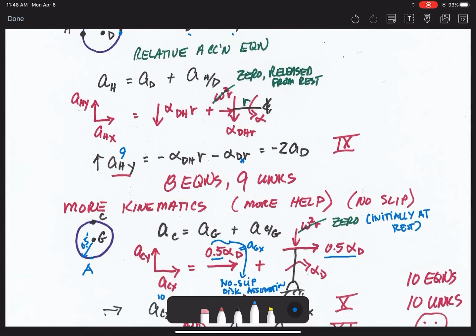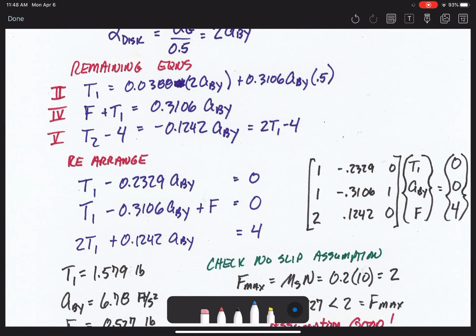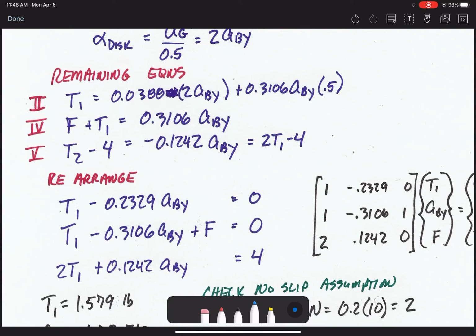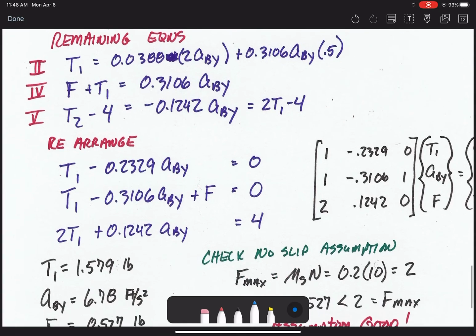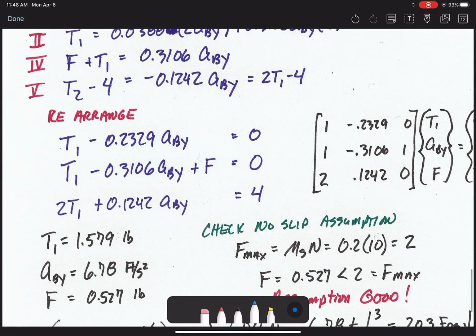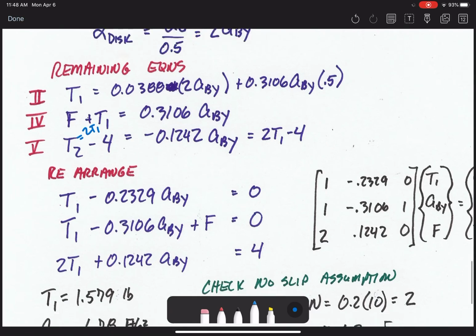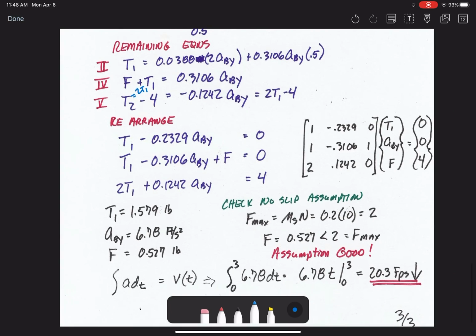So when we have that, we have 3 equations and 3 unknowns, which are T1, ABY, and friction. So from that, because T2 equals 2T1, right? T2 equals 2T1. So we rearrange for that.